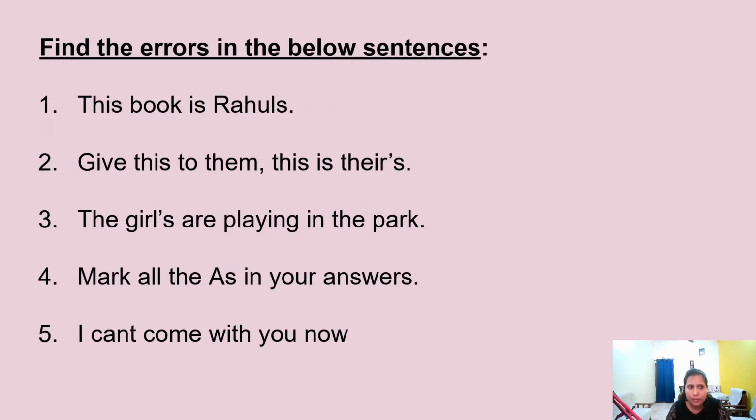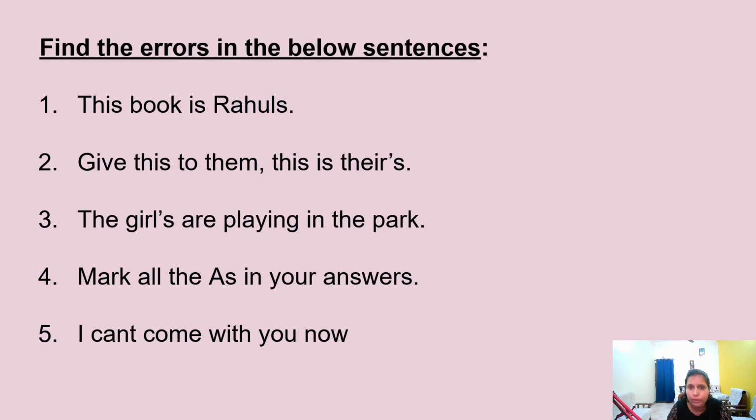Now here there are some error sentences. I'll just read the questions and then I want you to do this on your own. In the next slide the answers are already given, but I want you to find the mistakes in these sentences and correct them, and after that you can go to that slide and check whether you have done it correctly. The first question is: this book is Rahuls.